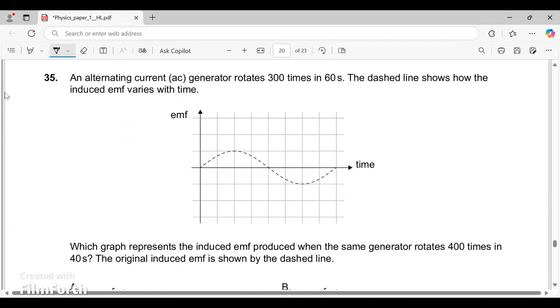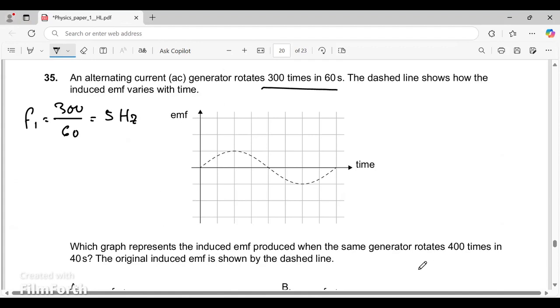If the generator rotates 300 times in 60 seconds, the frequency is 300 times divided by 60 seconds, which equals 5 hertz.